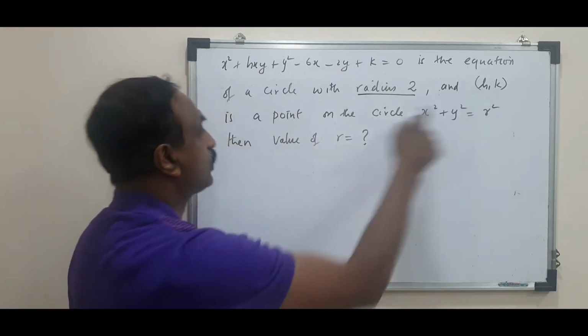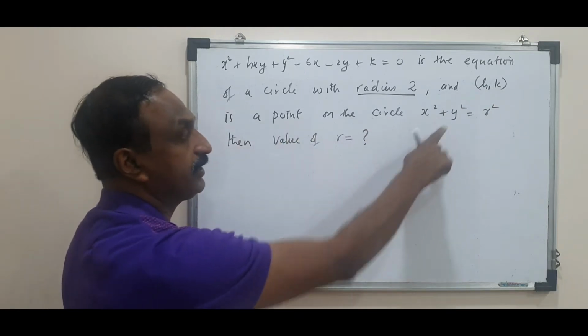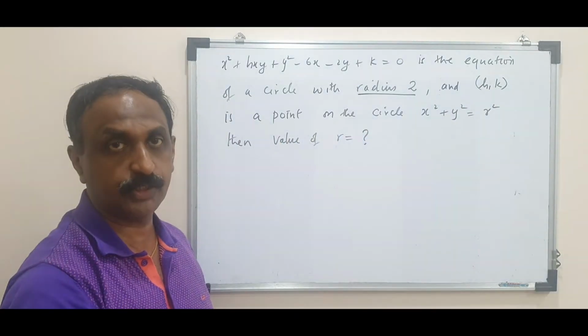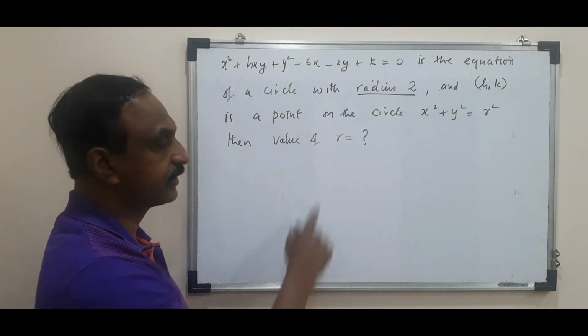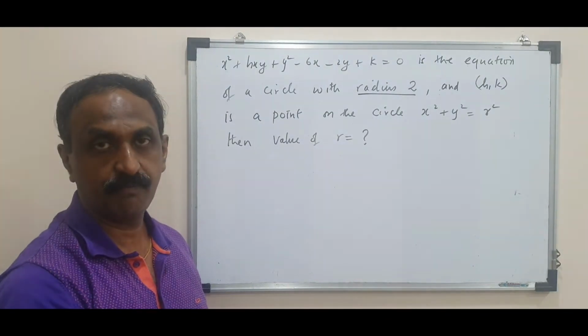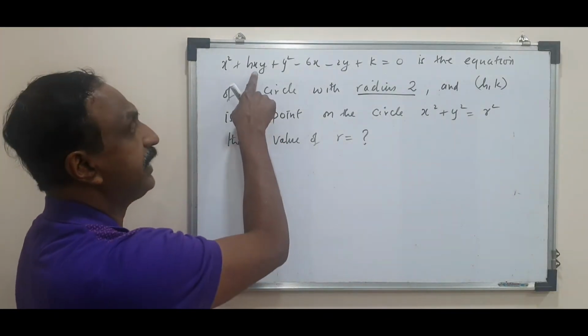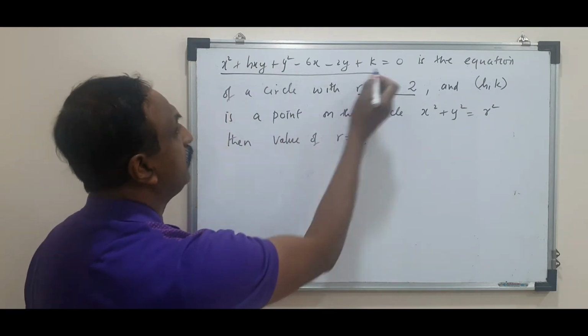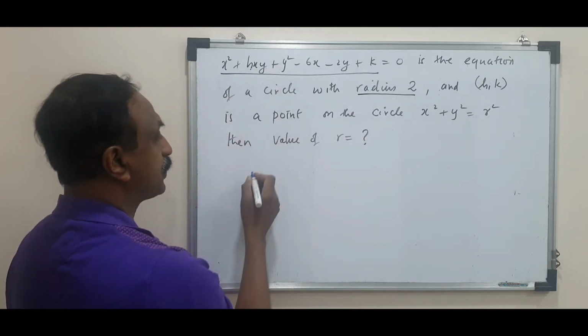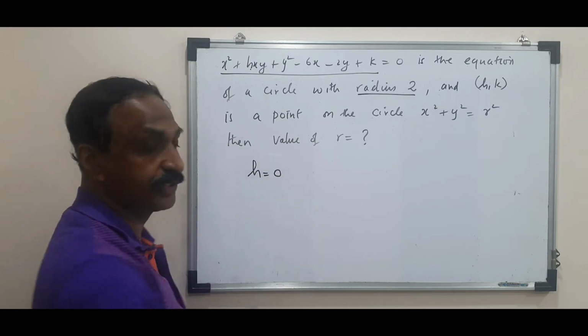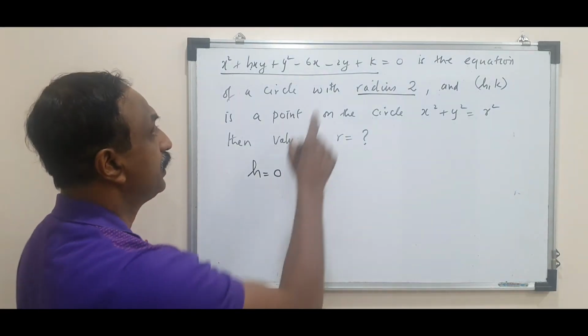The point h comma k is on the circle x square plus y square equal to r square. In that case, what is the value of r? So this equation would represent a circle when h is 0, because the equation of a circle does not contain an xy term.